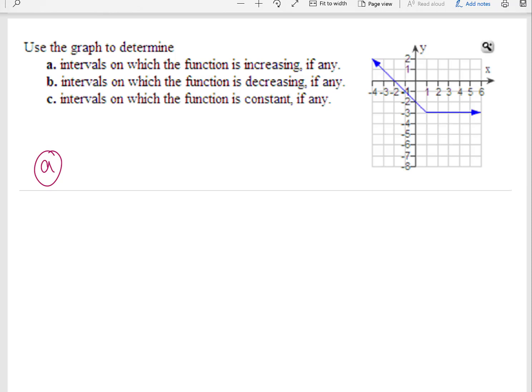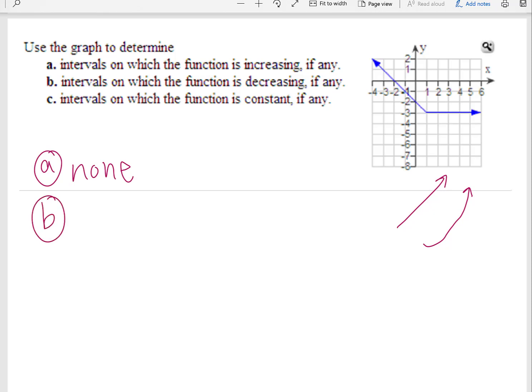So I would have to see something along those lines. It doesn't have to be a straight line, it could be curved, but something that's increasing. And I don't see that anywhere here, right? So that means that none of my intervals are increasing, okay?